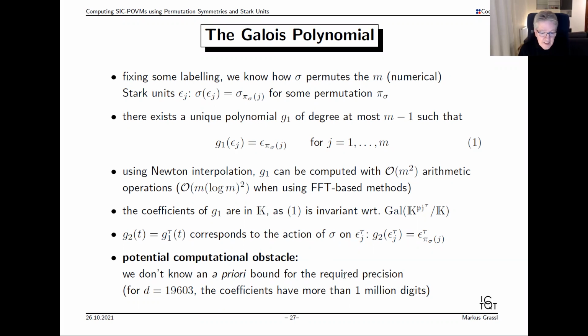The obstacle here is we don't have a good a priori bound for the precision we need. And it turned out for dimension 19,603, we get coefficients with integers that have 1 million digits. So we need a very high precision to do that. So that's a computational bottleneck.